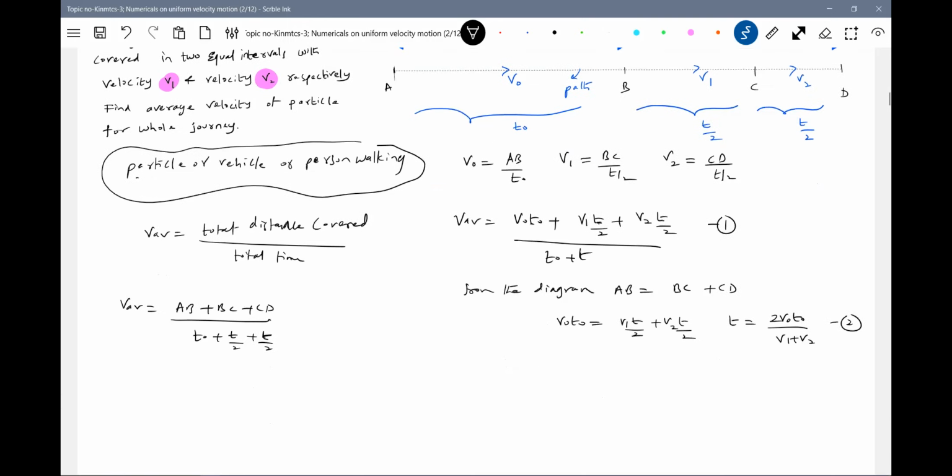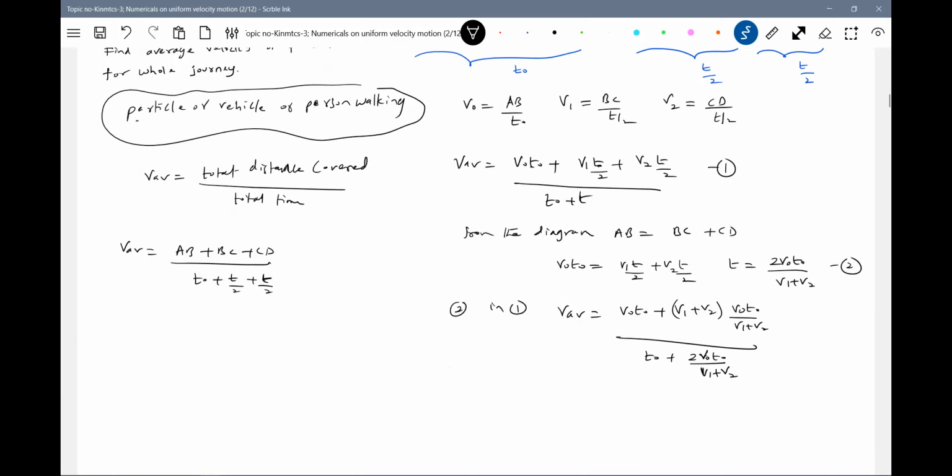Let me substitute 2 in 1. In place of T by 2, I can write V naught T naught by V1 plus V2. So in place of T, 2 V naught T naught by V1 plus V2.